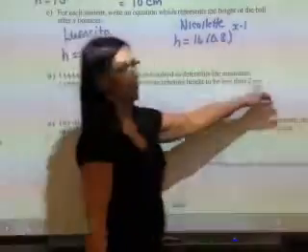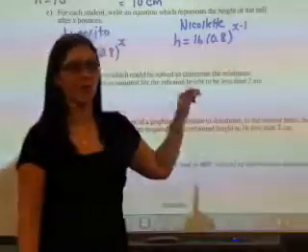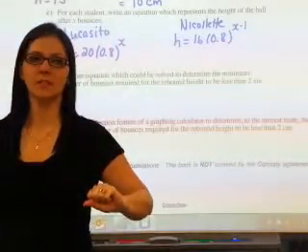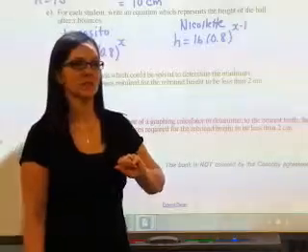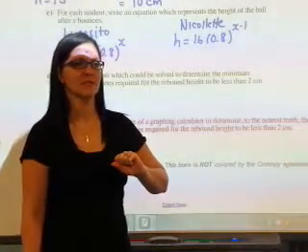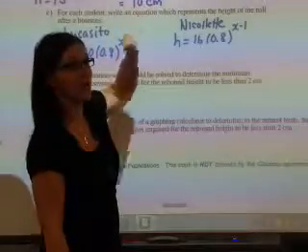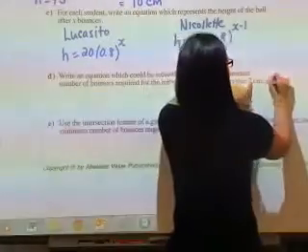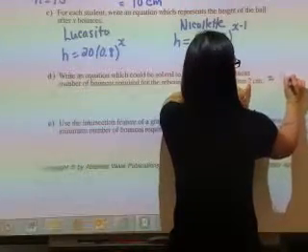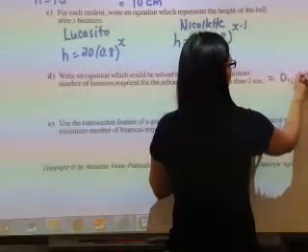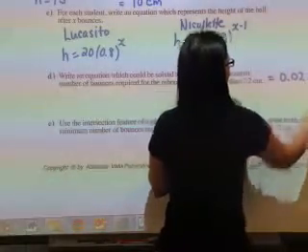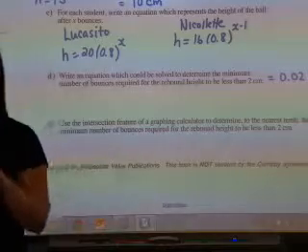So first of all, if I have 2 centimeters, my formula deals in what units? Meters. So I have to convert this into meters, which would be 2/100ths of a meter.